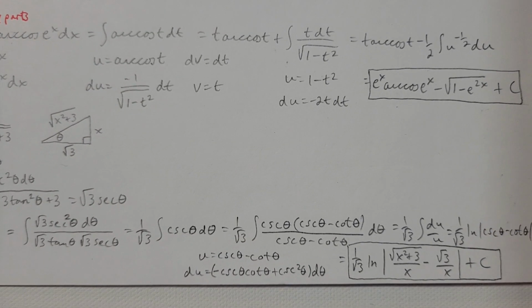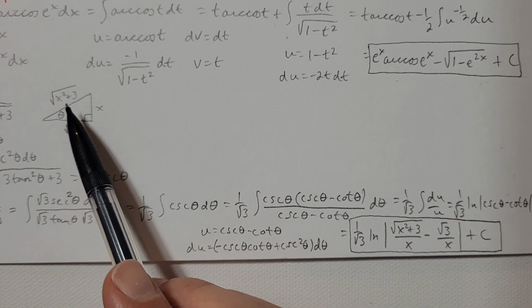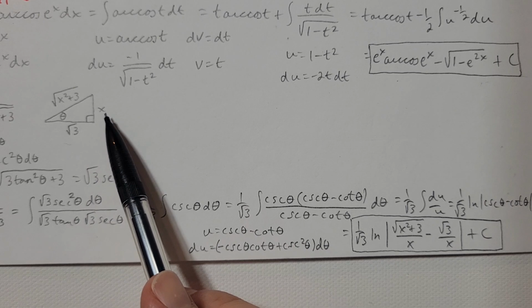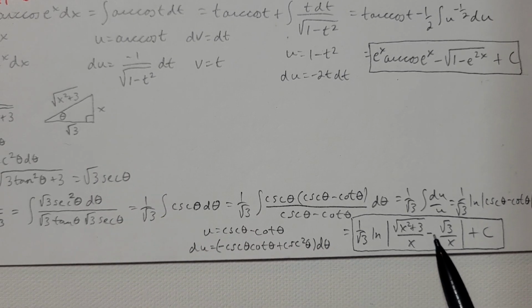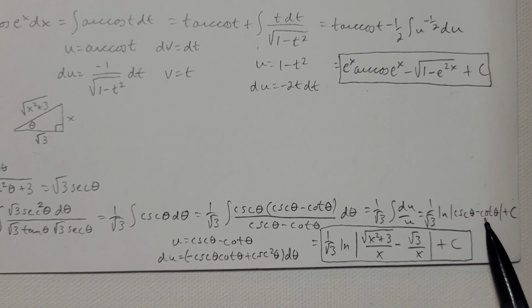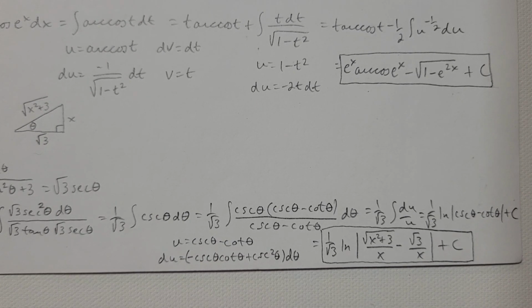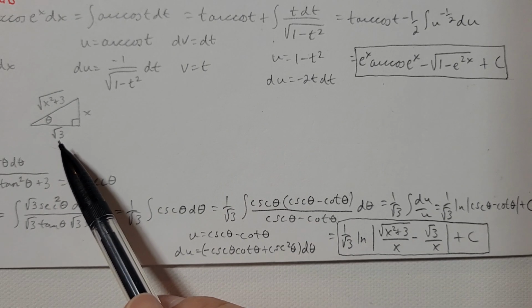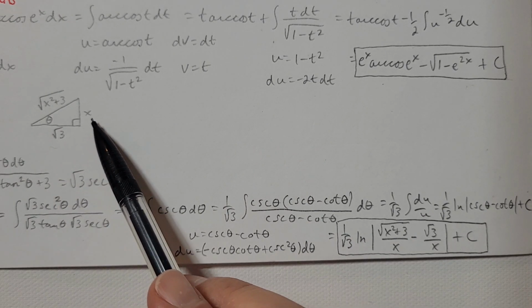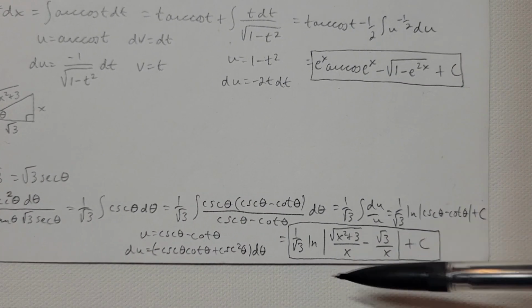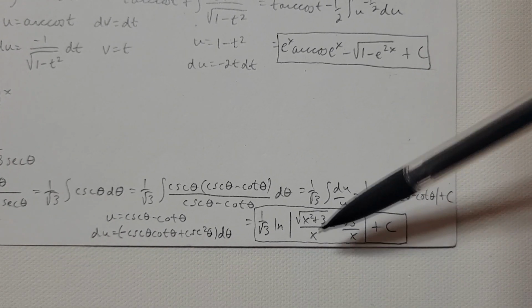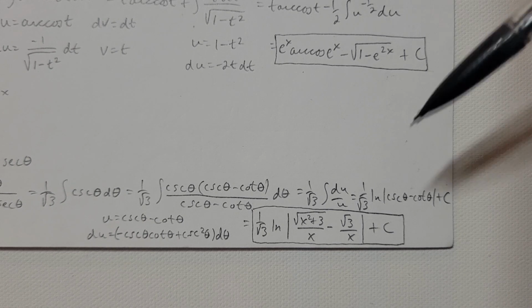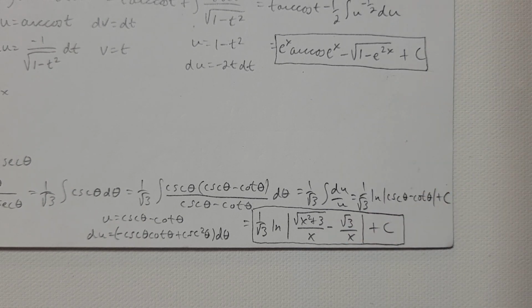So when I refer back to this triangle here, the hypotenuse is the square root of x squared plus 3, and the opposite side is x. Minus cotangent theta is adjacent over opposite. So the adjacent side is root 3, the opposite side is x. And I guess you can combine these into a single fraction inside the absolute value bars if you want to, but this would be my answer there.